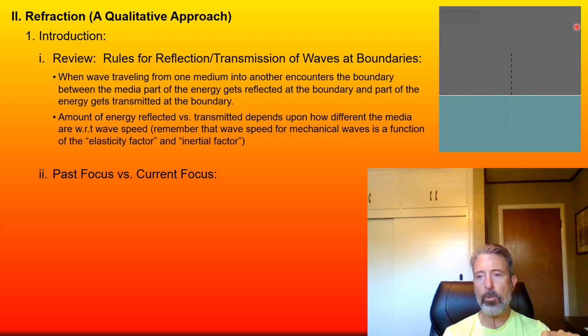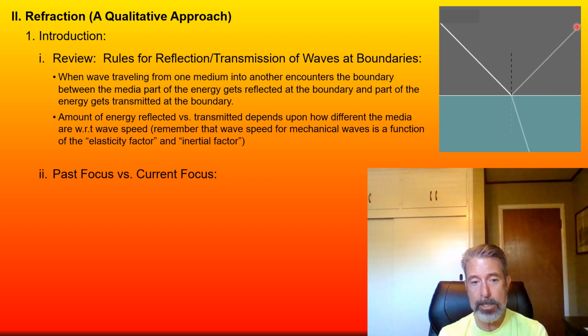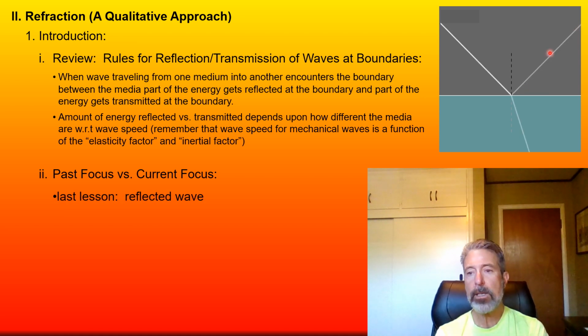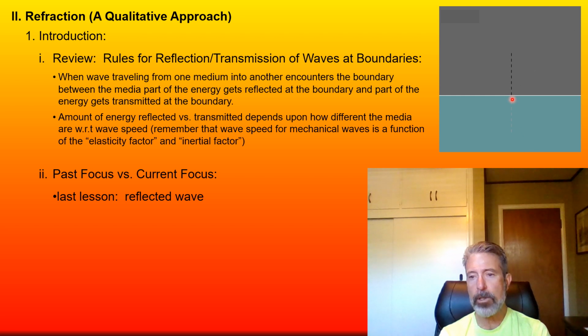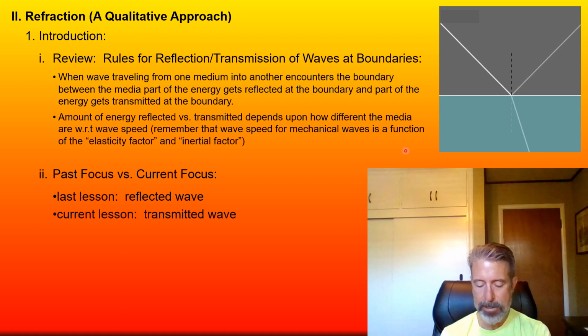So we have a reflected wave. That's what we talked about last time. But this time we're going to focus upon what happens to the transmitted wave. Last lesson we looked at the reflected wave; in today's lesson we'll be focusing exclusively on that transmitted wave.